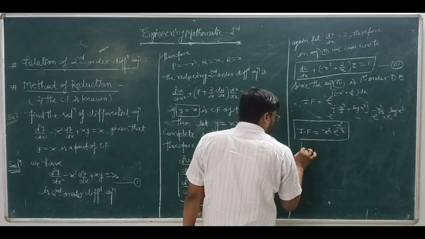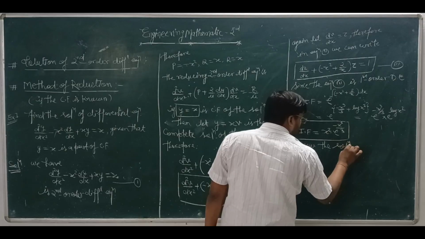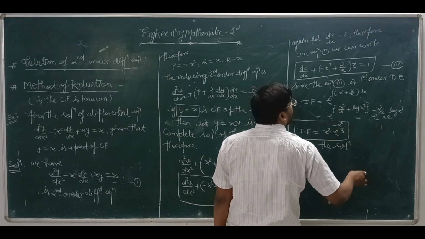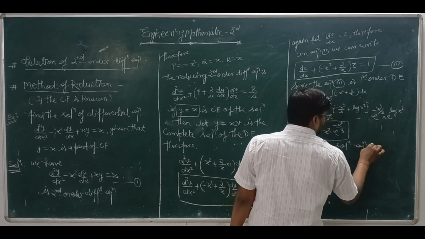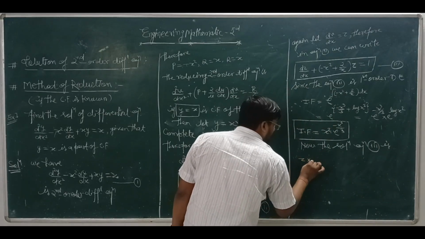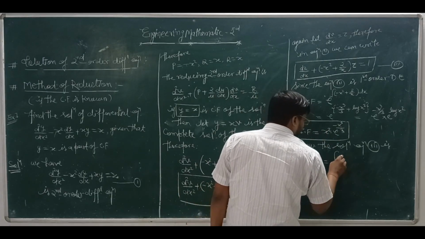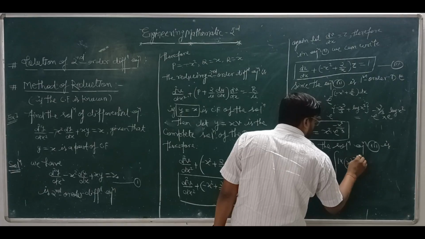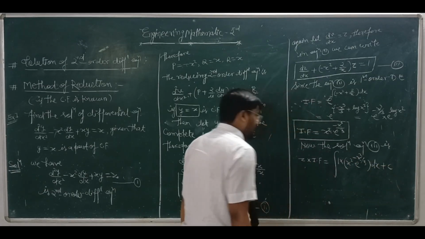Now the solution of equation three is z into IF is equal to integration of 1 into the value of IF, that is x square into e to the power minus x cubed upon 3 into dx plus c.